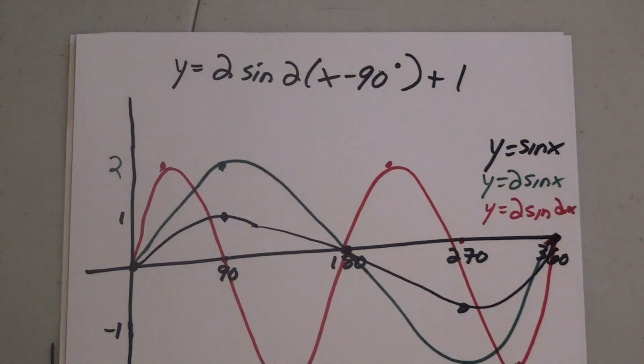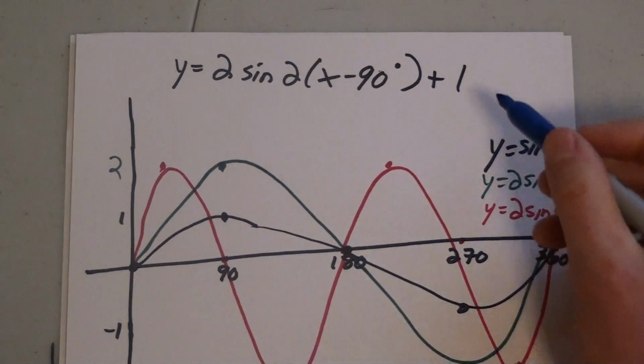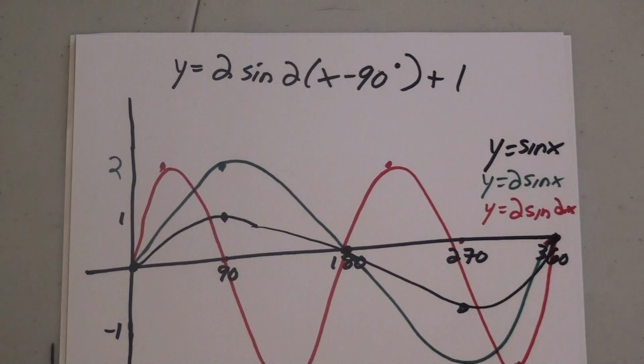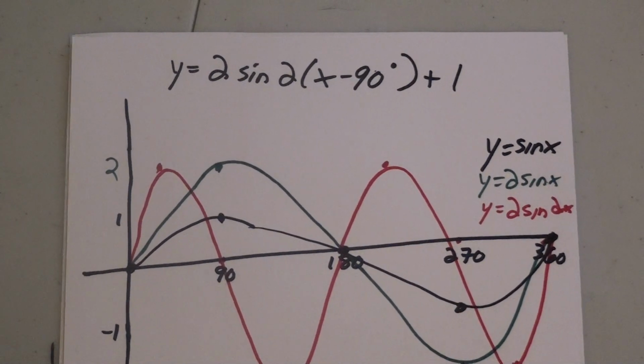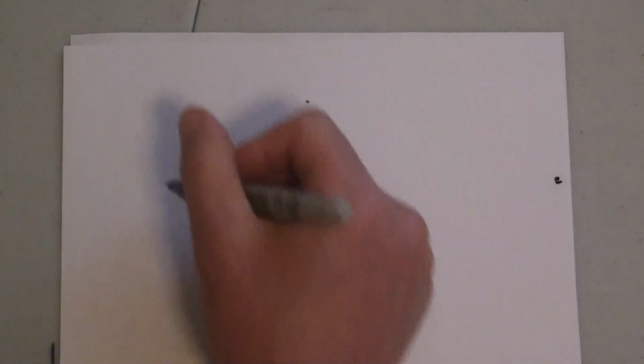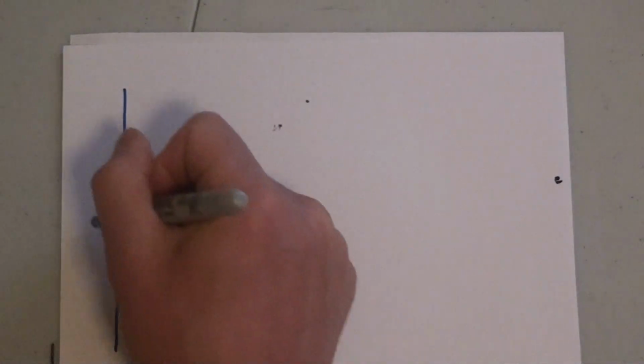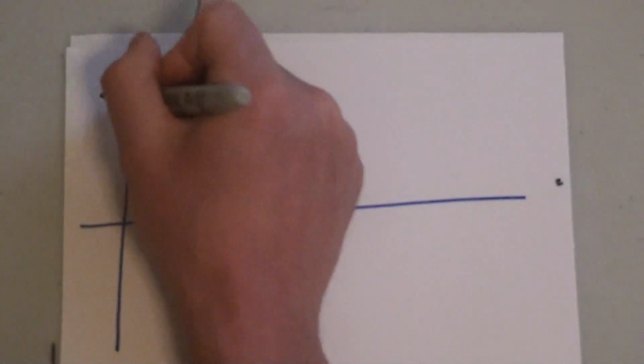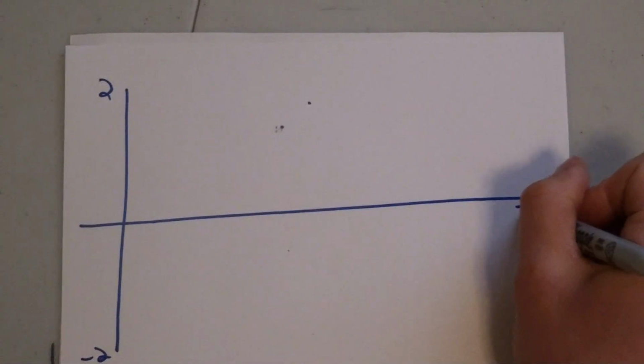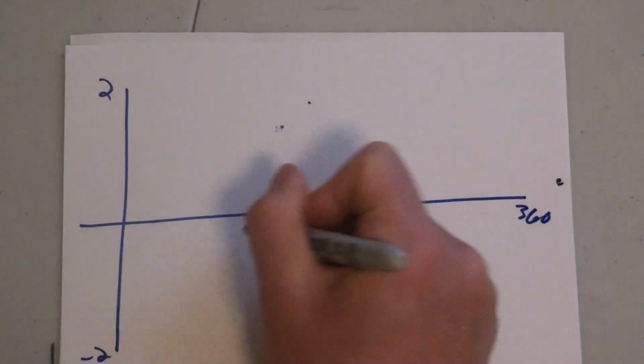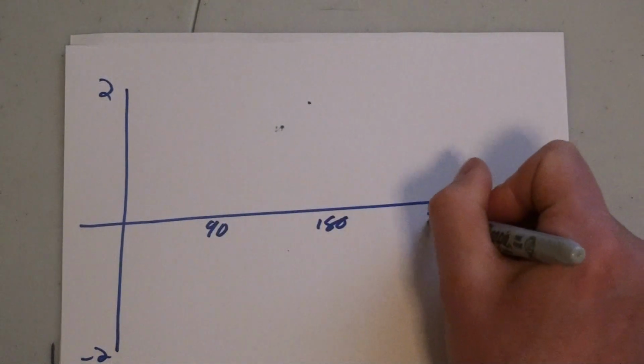Then my next easiest one to do would be to change the principal axes. Now I'm going to redraw what I have so I can start from scratch here. So I was going from 2 to -2. I had 360, 180, 90, 270.